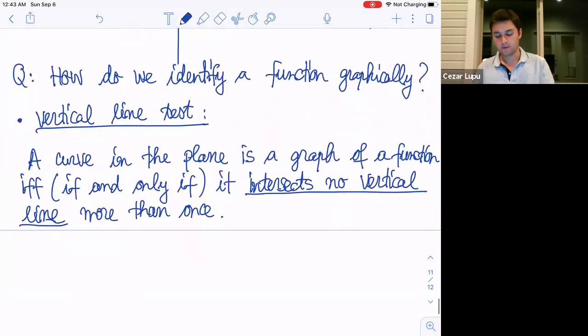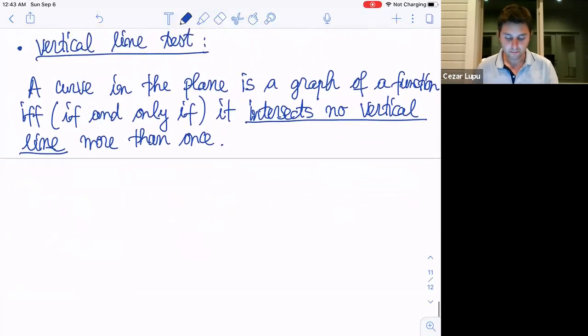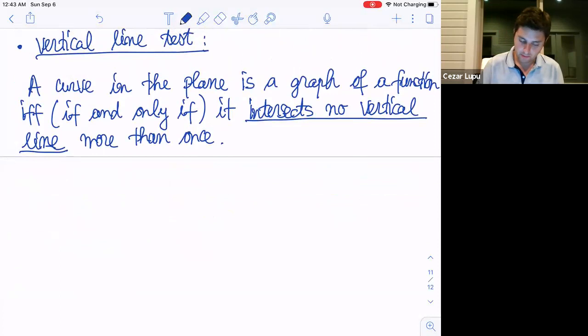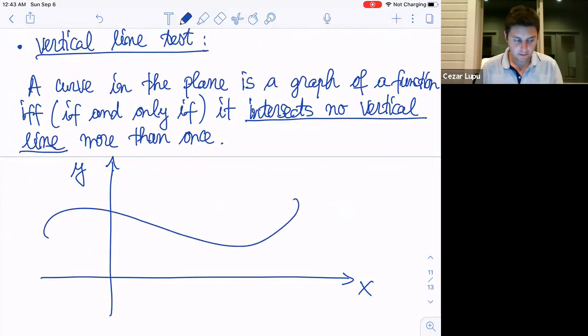Right? So let's draw a picture so that you can see it. For example, let's say we have a function like this, and let's just draw some vertical lines here. It will intersect the graph in only one point.